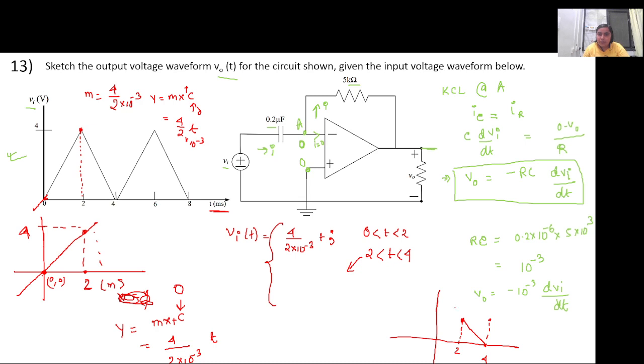Can you tell me what will be the y-intercept here? The equation will be again y equal to mx plus c. 8, ma'am. Right. This will extend and cut the y-axis at 8. So this will be 8. And what will be the slope?